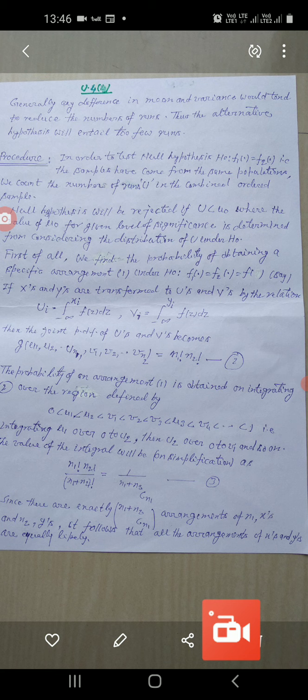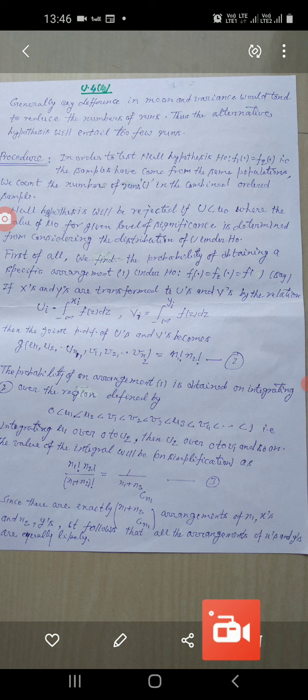Now, first of all, we find the probability of obtaining a specific arrangement 1, as given in 1, under H naught, F1 is equal to F2 is equal to F, say.